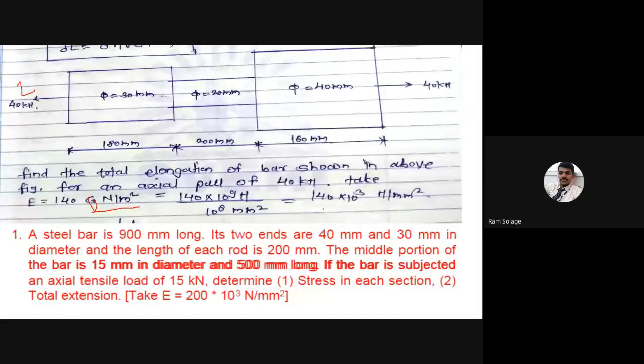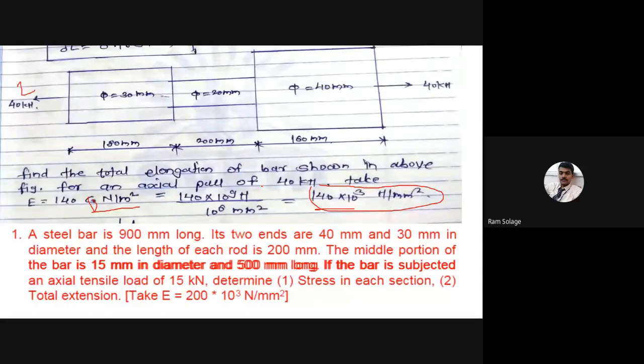I think in the previous lecture I gave how to convert giganewton per meter square into Newton per mm square. The final solution is E equal to 140 into 10 raised to 3 Newton per mm square. Now I will give 10 minutes, or 5 to 10 minutes. Solve it on your own in your notebook and give me the answers.